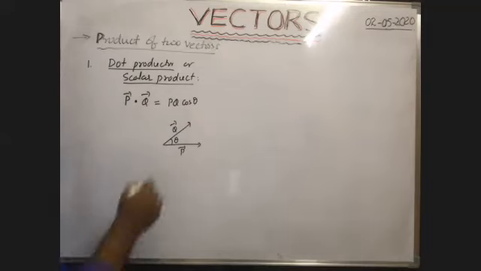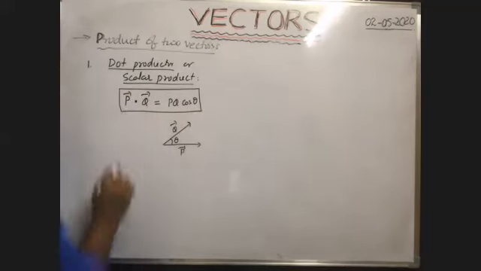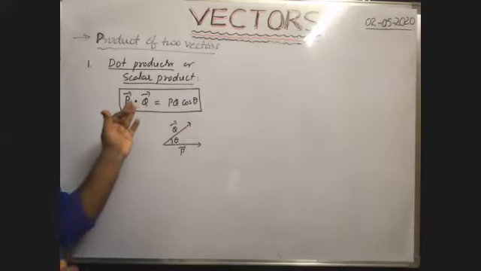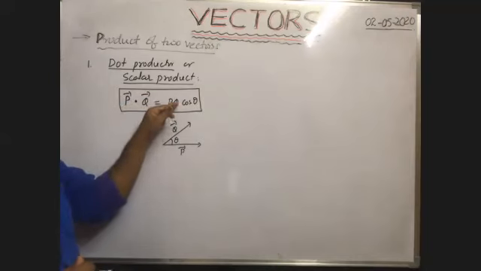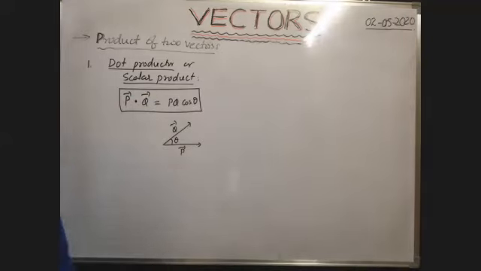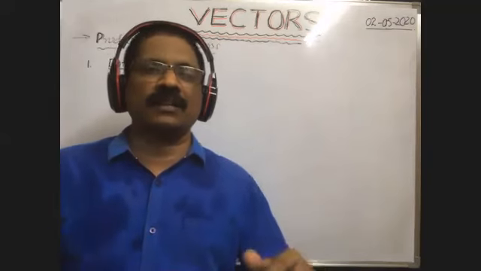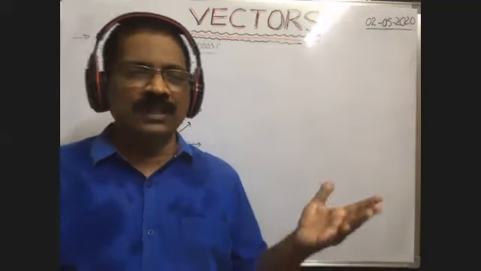Once in MHT-CET they asked, is dot product a scalar or vector? Dot product is always a scalar quantity.